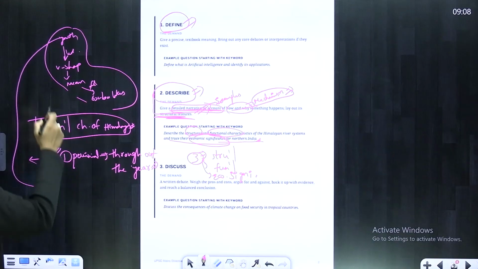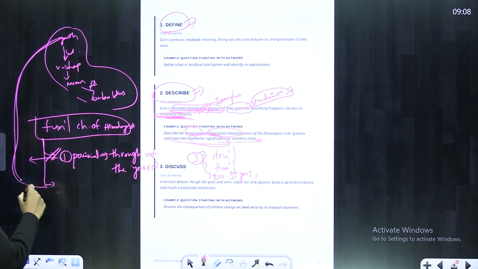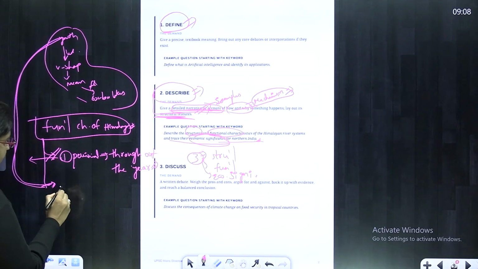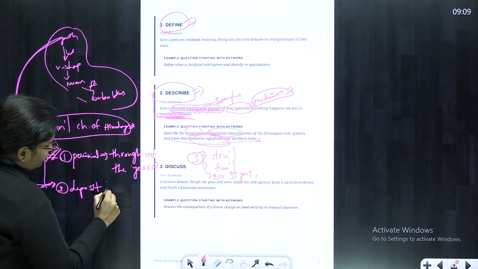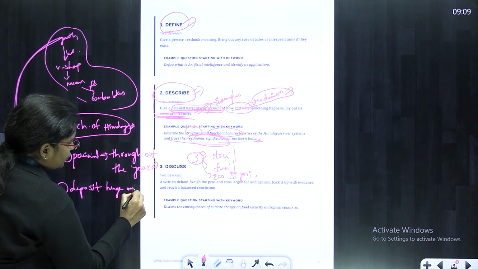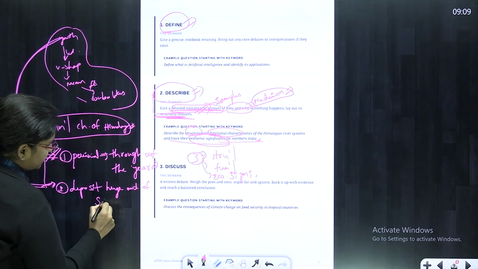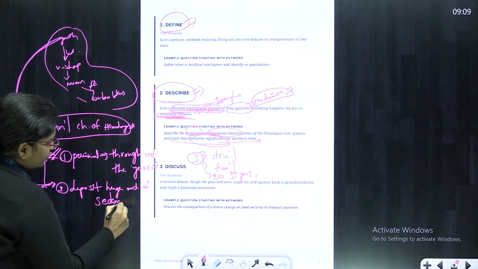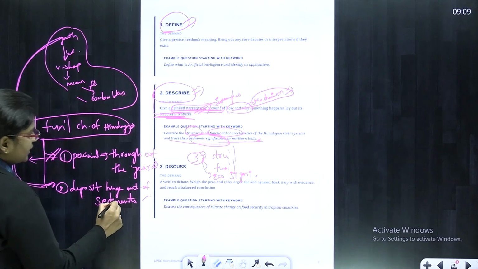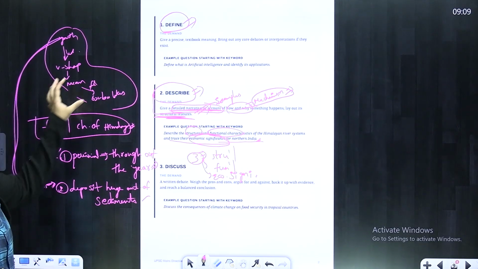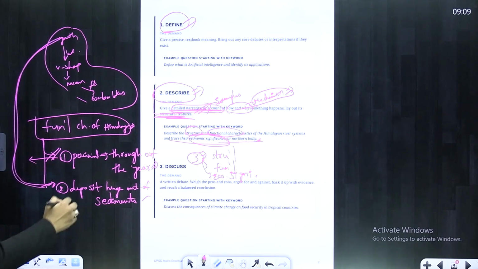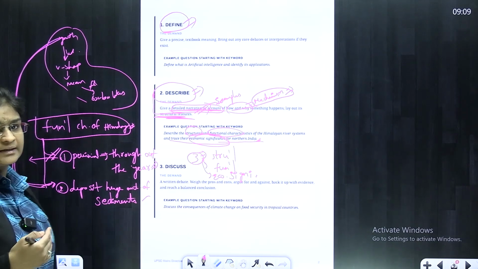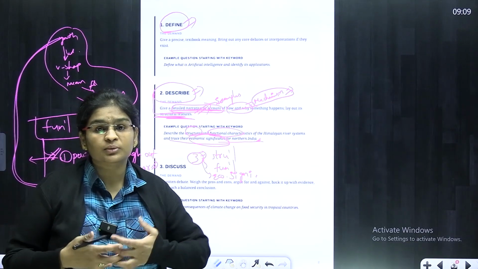So here I linked these youthful characteristics: because of the youthful nature of the Himalayas, they deposit a huge amount of sediments, or sediment load. Huge amounts of sediments are deposited because of the structural characteristics of the youthful age of the Himalayas. So this is how you must link.